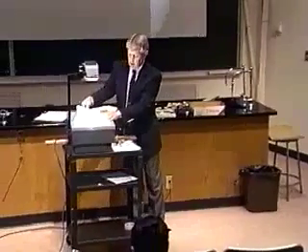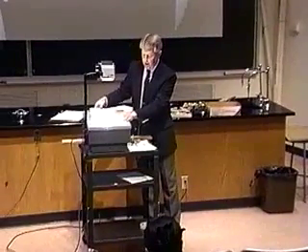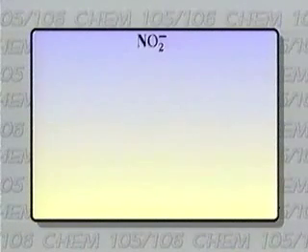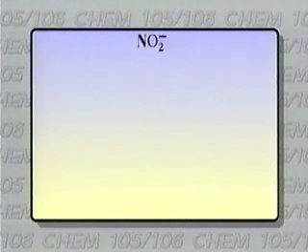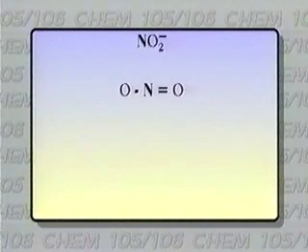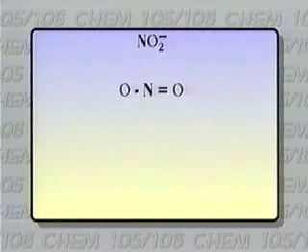The last one that we looked at was the nitrite ion, as it is called, NO2, and we did that right at the end of the period and kind of hurriedly. So let me go ahead and at least put this back together with the way it looked and then talk a little bit more about the geometric shape.